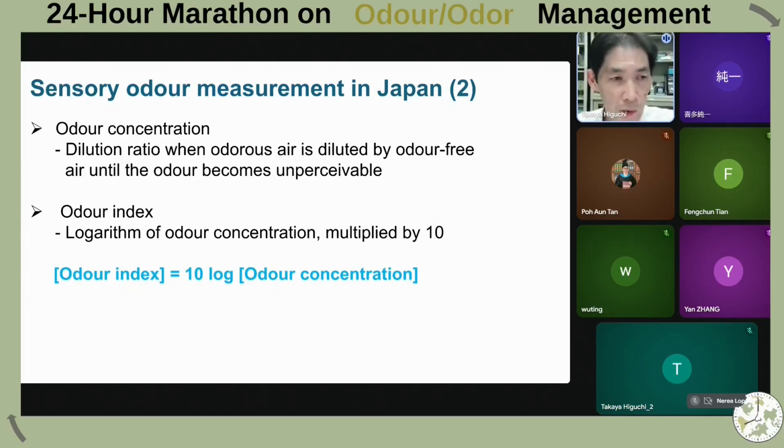And in Japan, we have odor index. Odor index is the logarithm of odor concentration multiplied by 10. So we can obtain odor index using this equation. Among these sensory odor measurement methods, I will focus on the odor index.